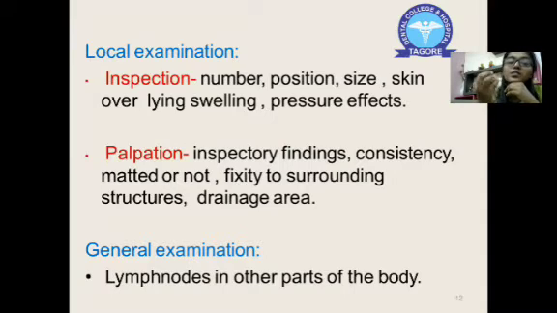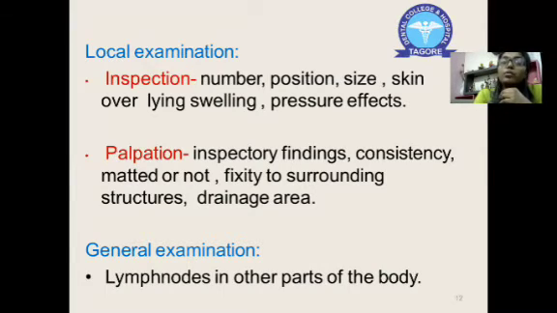In a few conditions, there will be generalized involvement of the lymph nodes, for example in Hodgkin's lymphoma, lymphosarcoma, and even in granulomatous diseases like sarcoidosis. And for the position of the lymph node, you have to look for the cervical group, especially in tuberculosis. And then epitrochlear and occipital lymph node involvement in cases of secondary syphilis.